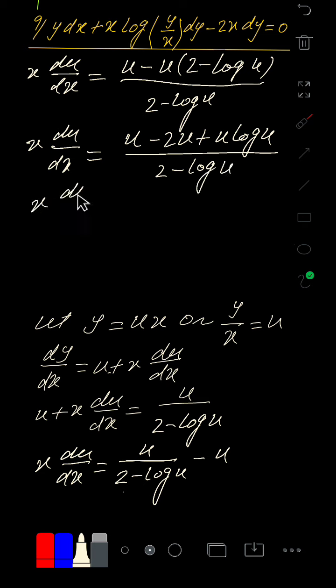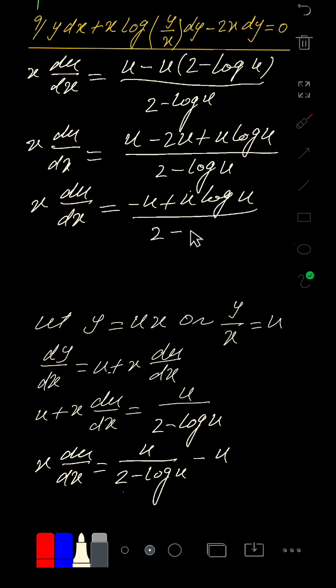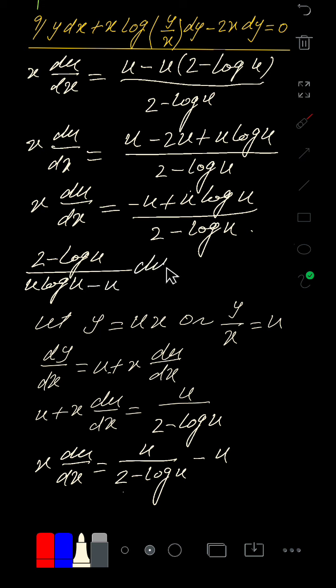Now x du upon dx is equal to, one u is positive and 2 u are negative, so minus u is left plus u log u upon 2 minus log u. Transposing this expression to left hand side and x dx to right hand side, we have 2 minus log u divided by u log u minus u du is equal to 1 upon x dx.